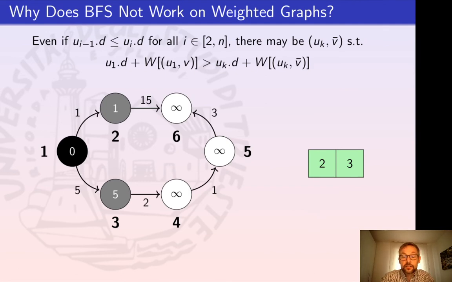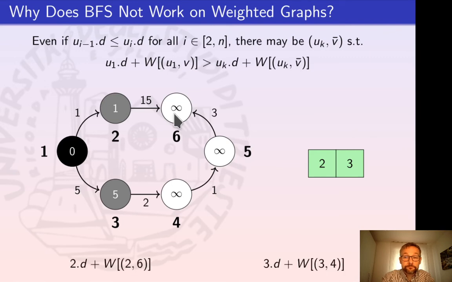However, this is not really true, because if instead of selecting this node I select this one as first, so if I avoid looking at the queue and try to expand this path, I end up discovering that the distance from 1 to 6 is 5 plus 2 plus 1 plus 3, which is 11, far less than 16.